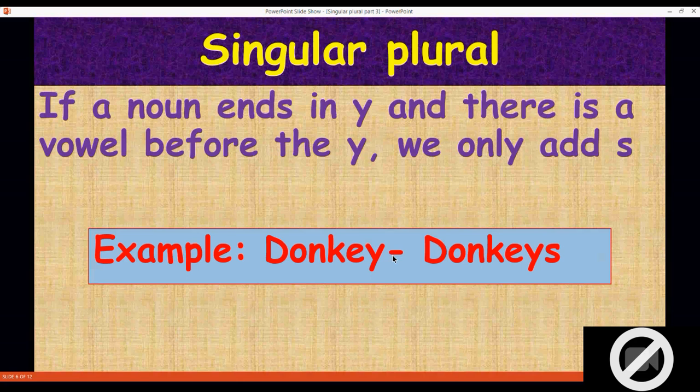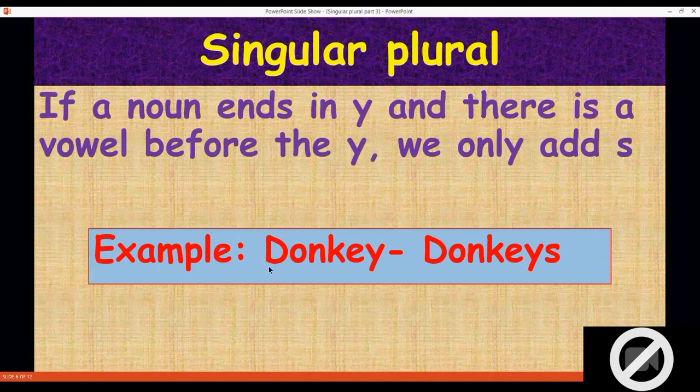What are the vowels, children? Let me ask someone. I will ask Pragati. Yes, Pragati, I have unmuted you. What are the vowels? A, E, I, O, U. Good.